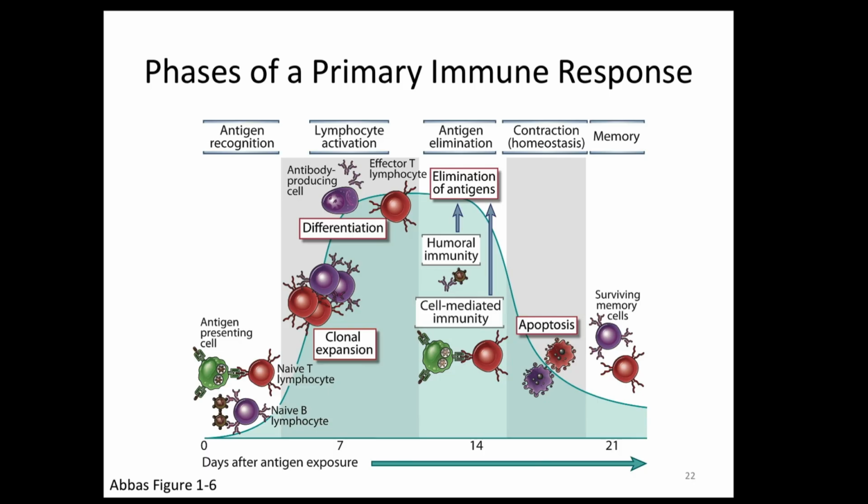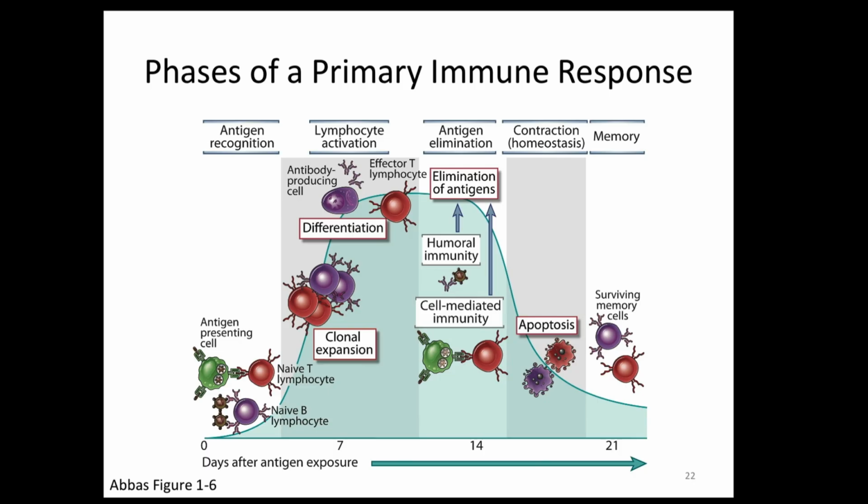And only some cells are going to survive to the end of this process, and these are going to be the special group of cells, the memory cells. So basically, you're going to start with naive cells. You end up with some effectors and some memory cells here. This is a point of such debate in the field. I'm going to give you an answer, but people would fight me for it.